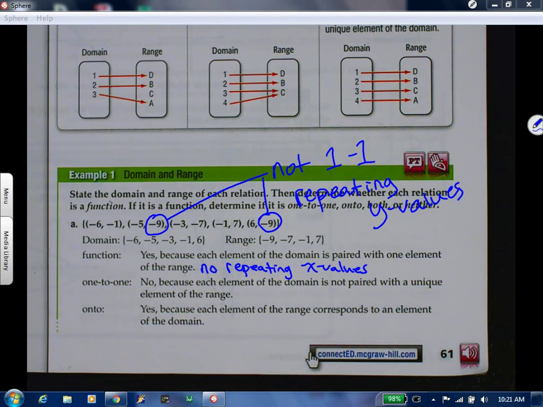Yes. Because each element here has a question. So onto kind of flips the situation around. Each element there has a question. Okay, what about this? -2.